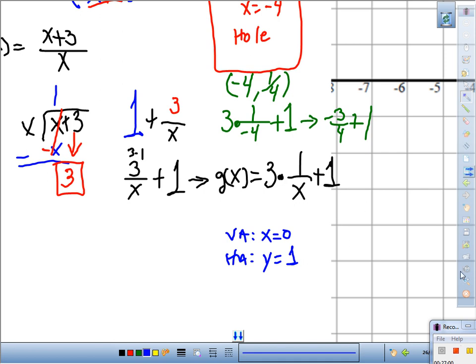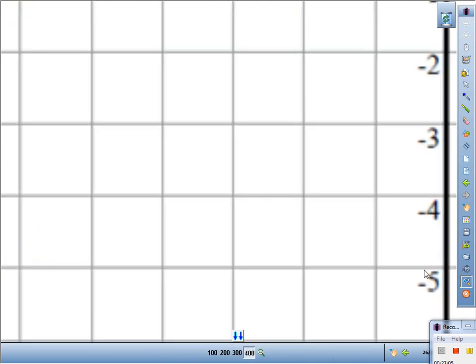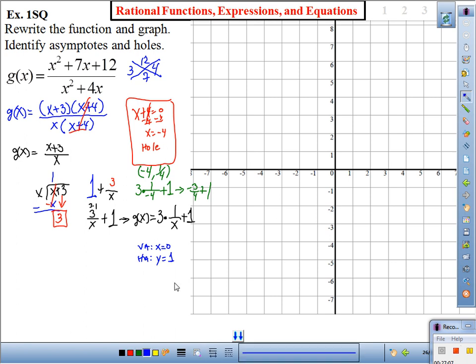So now that we have all the components to graph this, let's see. Our vertical asymptote is 0, right there. Vertical means it goes straight up and down. Horizontal is at 1 on y, which is there. There it is.